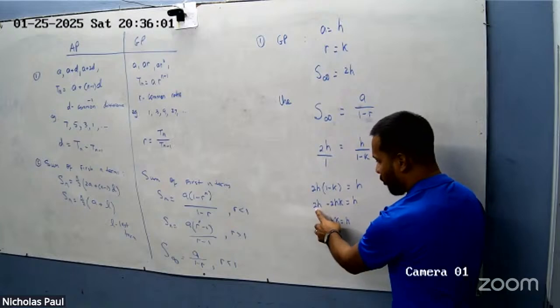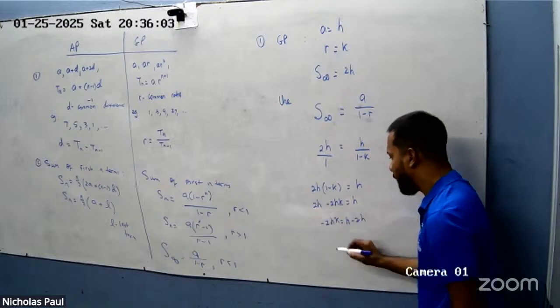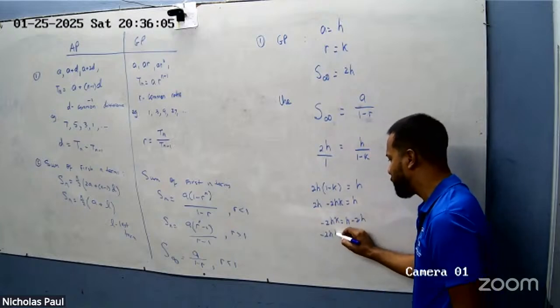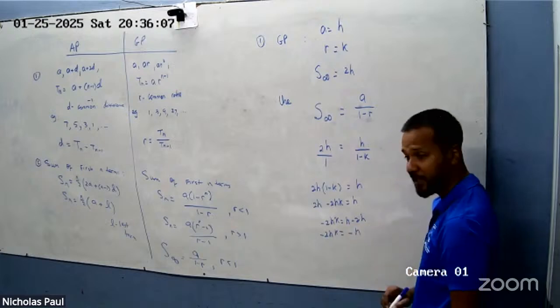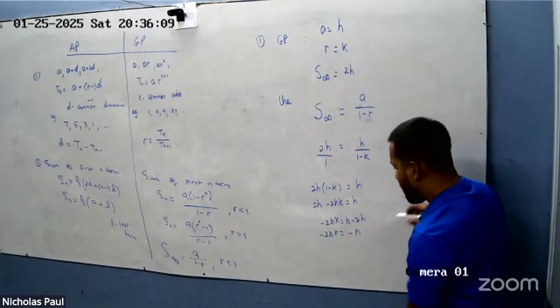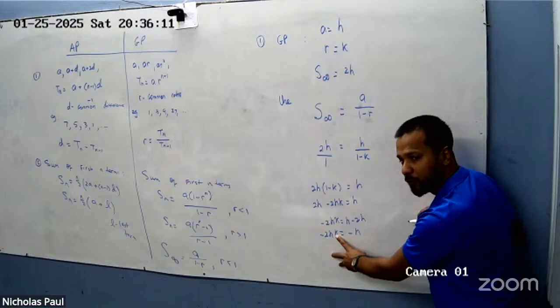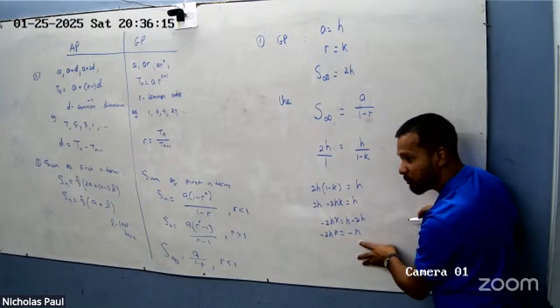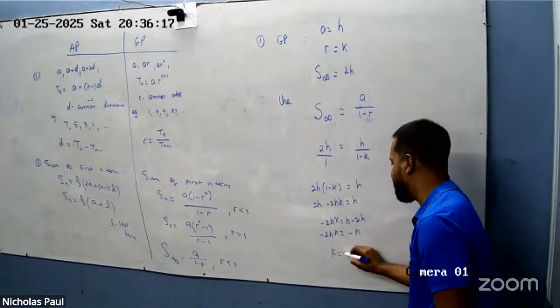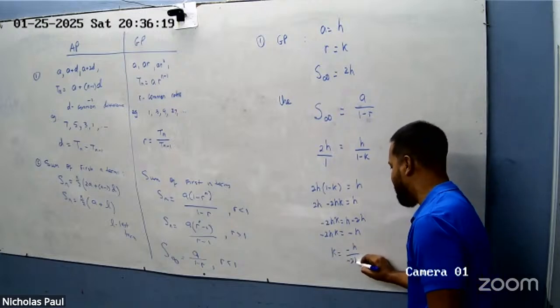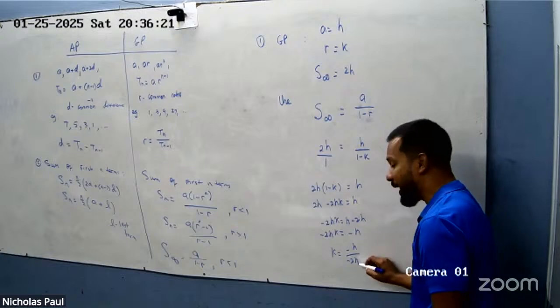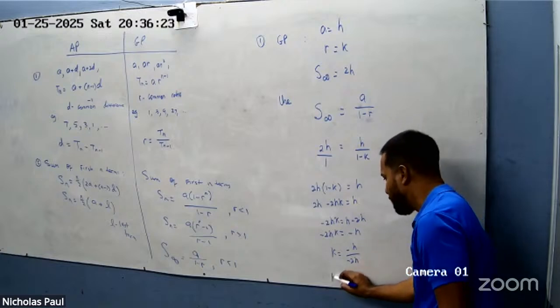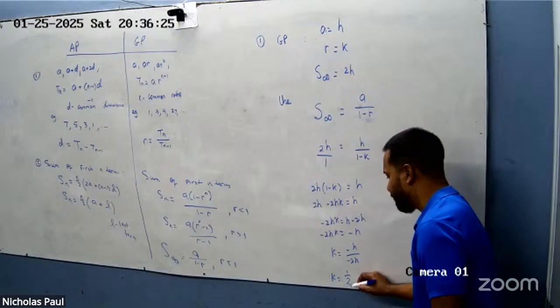I'm carrying across this 2h, so I'm getting minus 2hk is equal to minus h. Now, what do I want to do? I'll move across minus 2h now. So k is equal to minus h over minus 2h. H will cancel, the minus will cancel. So you'll get k to be a half.